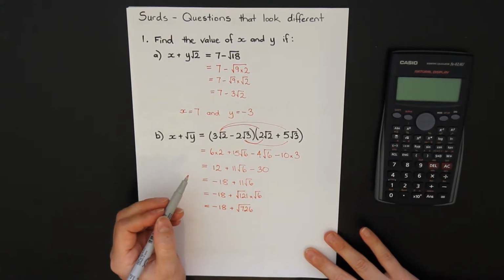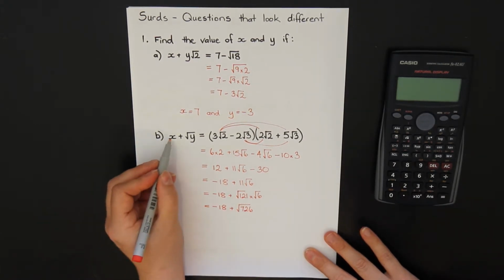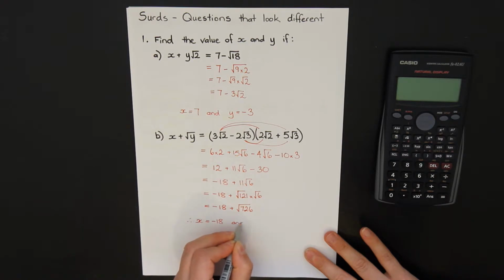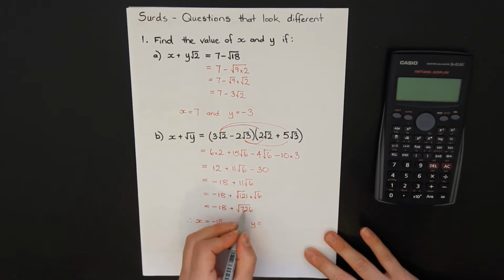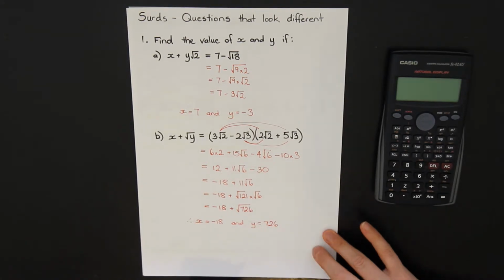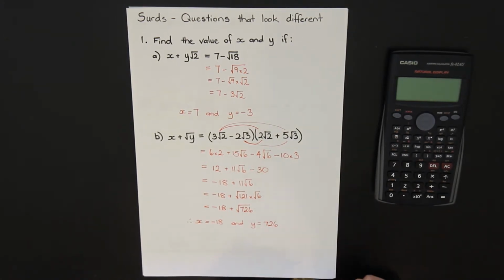Now these are in the right form. So the x is in the position of the minus 18, and the y is what's underneath the square root sign, which is 726. And that's the end of that question.